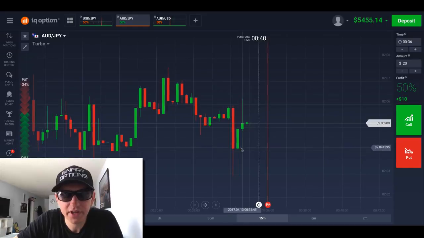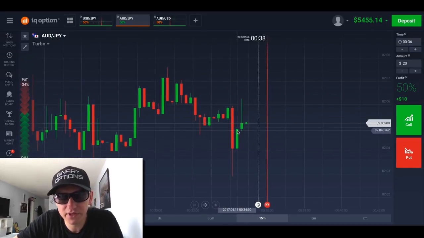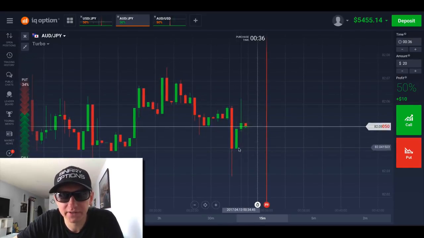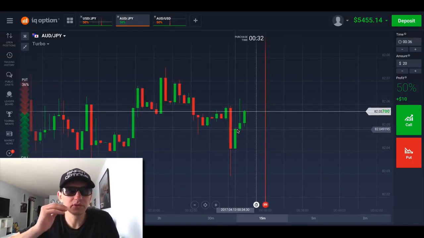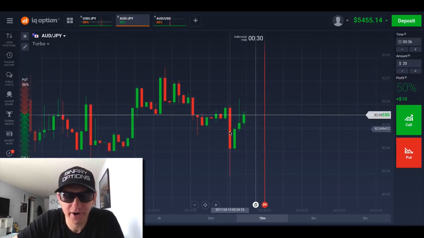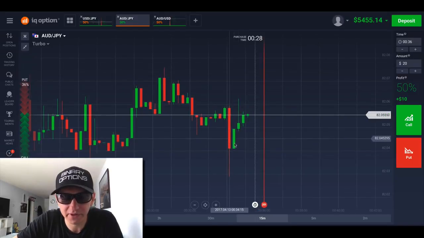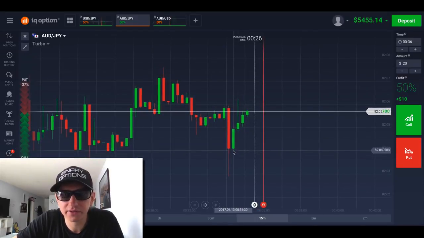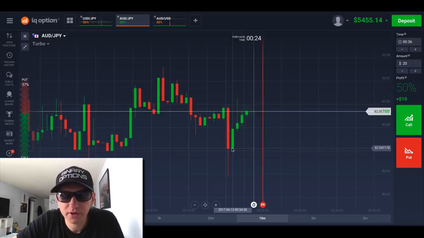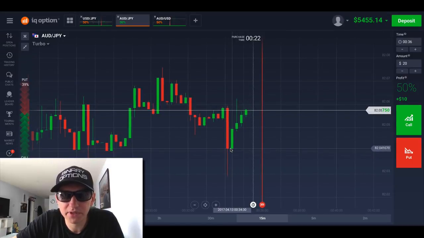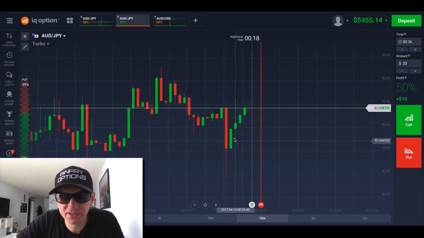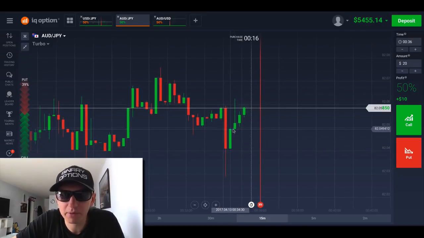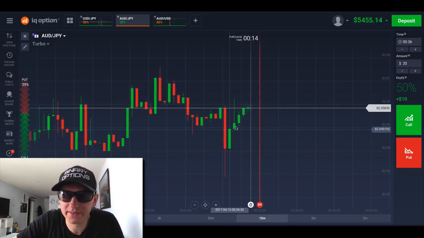If it is green, it means that during this 1 minute the price was rising. If it's red, then the price was falling. For the green candle, the bottom part means the point where the minute started, and the upper part means where it ended.